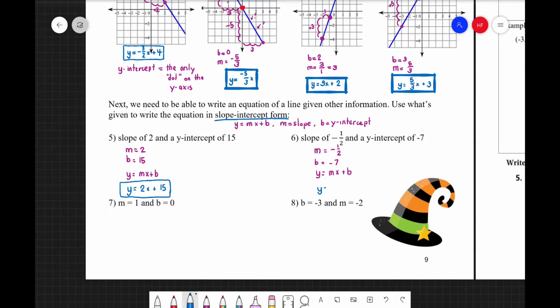Y equals negative 1/2 x plus a negative 7. So this is plus negative 7, which is the same thing as just minus 7. So whenever you have a negative y-intercept, it's going to look like minus that number on the end there.